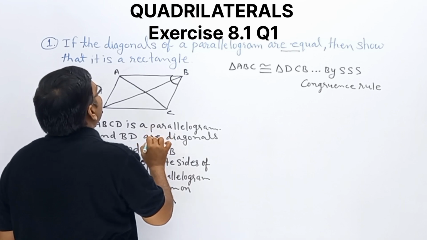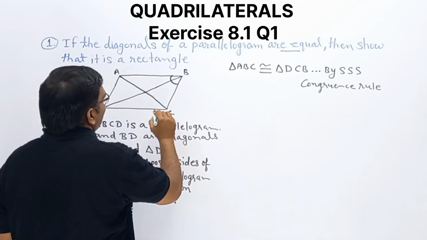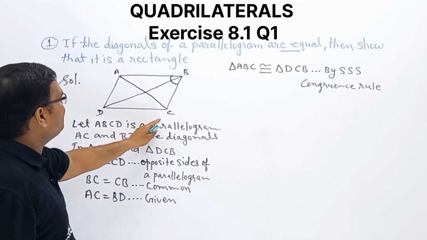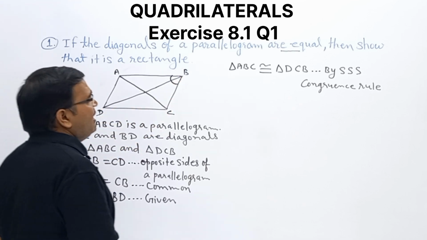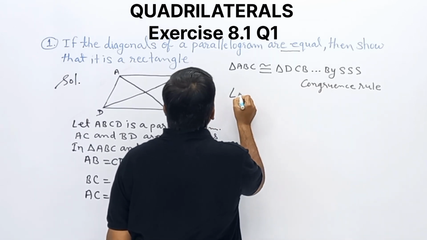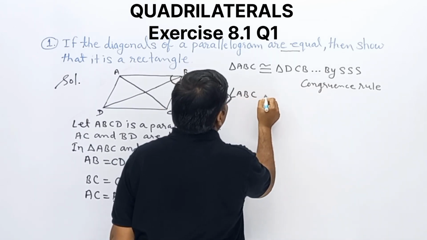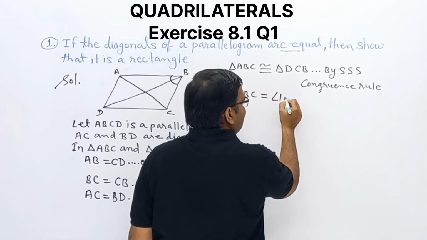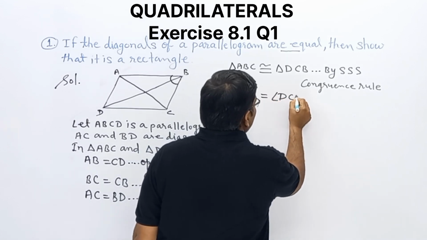will be equal to what? Angle DCB. Angle ABC will be equal to angle DCB.